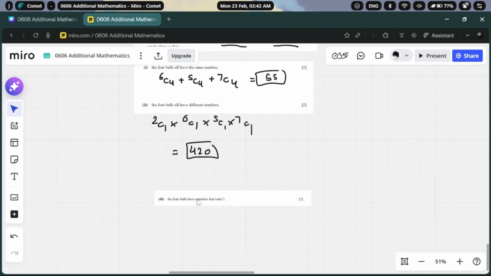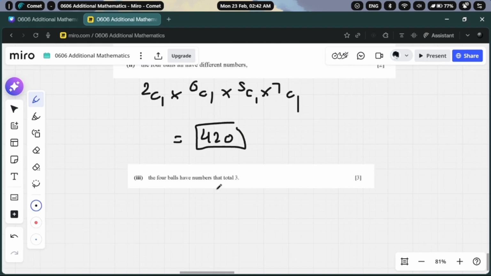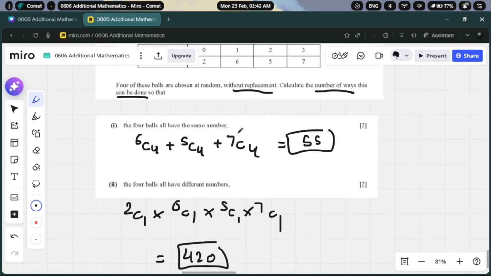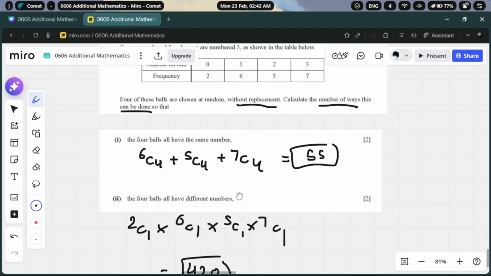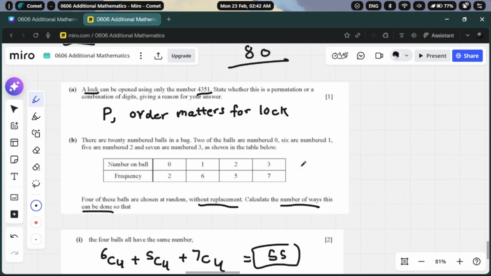Moving on to the last question. You're told that 4 balls have numbers that total 3. So you have to consider all the cases in which the sum is equal to 3 essentially. So it cannot be 0, 0 and 3 or something because you're selecting 4. It could be 1, 1, 1, 0, right?